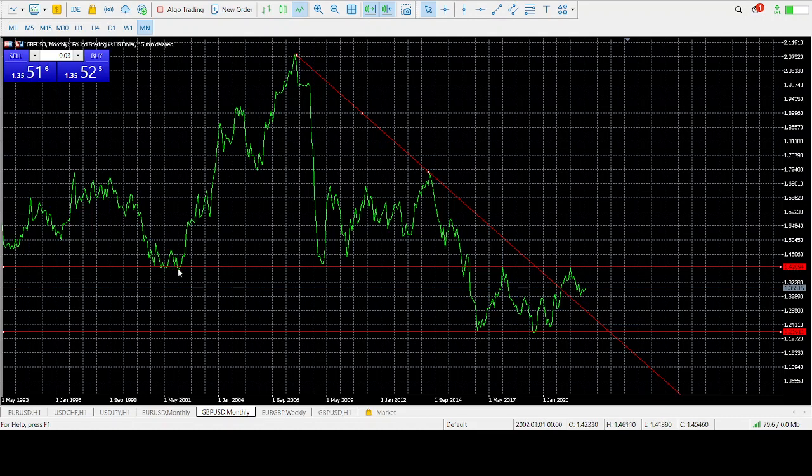You see how in the past it was an important point also here, but here now we have a resistance. So the price bounced off of support, went to the resistance, bounced off, went to the support, bounced off, went to the resistance yet again. So this is basically a channel.